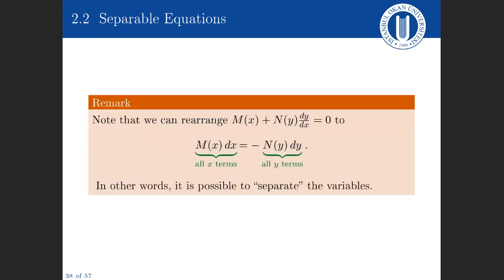Why is it called separable? Because we could then rearrange further to move all of the x terms to the left of the equal sign and all of the y terms to the right of the equal sign. In other words, it's possible to separate the variables with an equal sign.